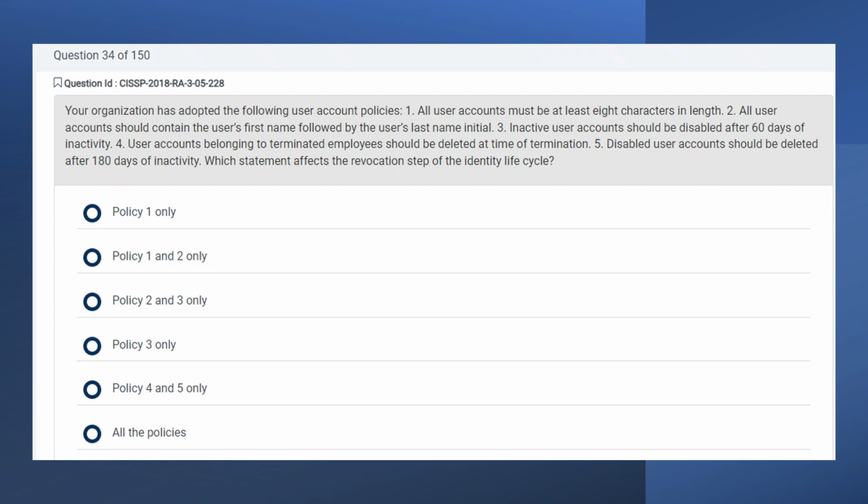Disabled user accounts should be deleted after 100 days of inactivity. So which policy affects the revocation step of the identity life cycle? A, policy 1 only. B, policy 1 and 2 only. C, policy 2 and 3 only. D, policy 3 only. E, policy 3 and 4 only, or all the policies.